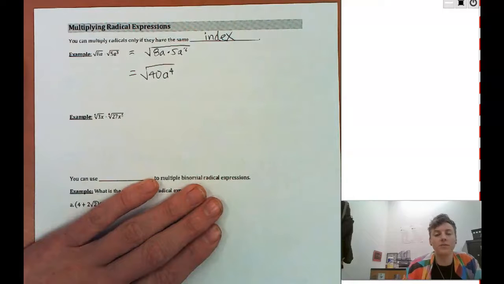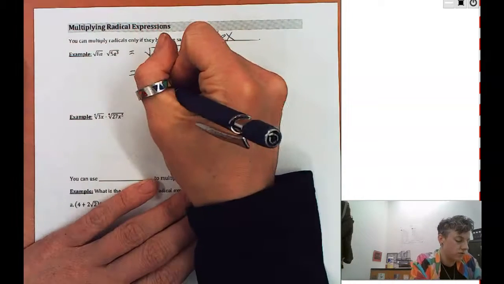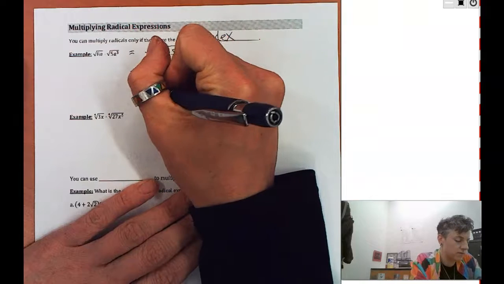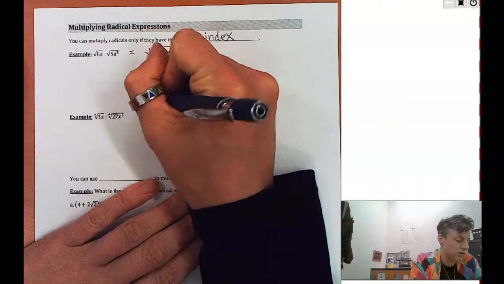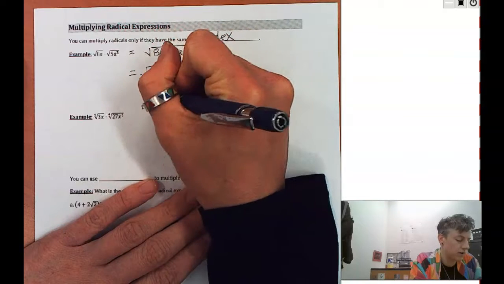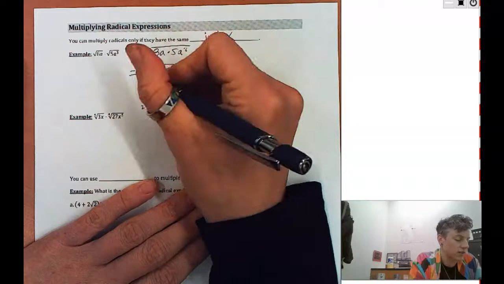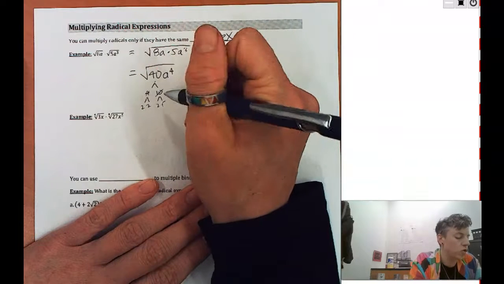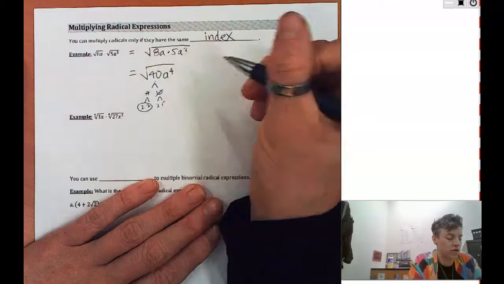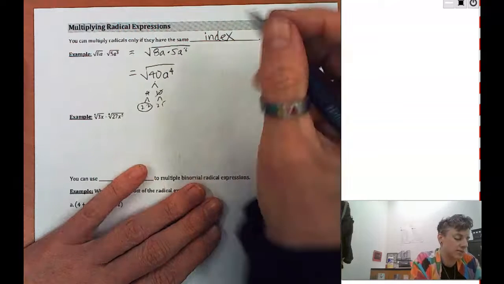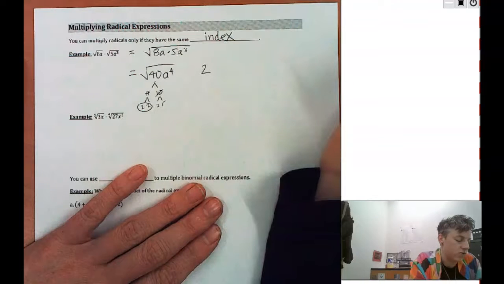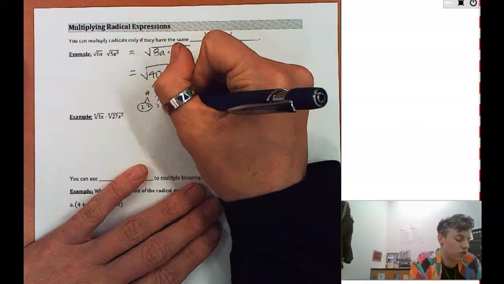Now we can simplify. We can break down 40 into 4 and 10, and 4 into 2 and 2, and 10 into 2 and 5. So it's a square root. Our index is 2, so we're looking for groups of 2. We got 2s in groups of 2. So that 2 is going to be on the outside, and this 2 and 5 will stay on the inside.